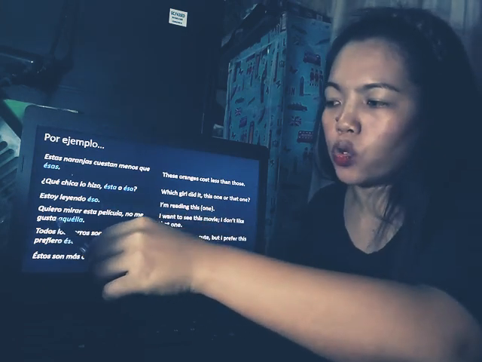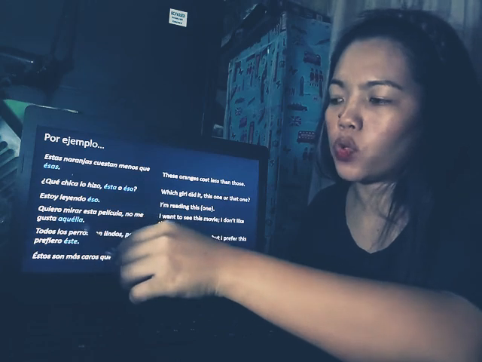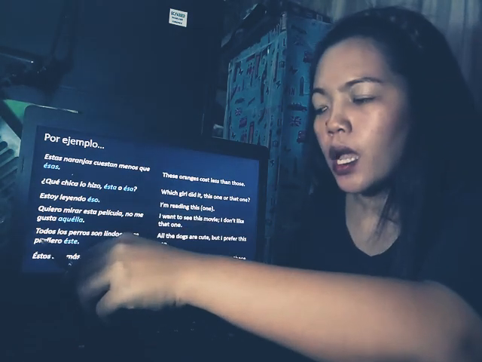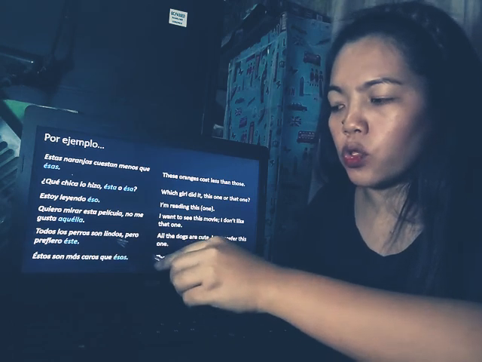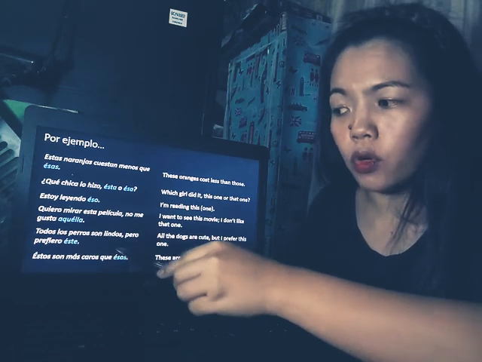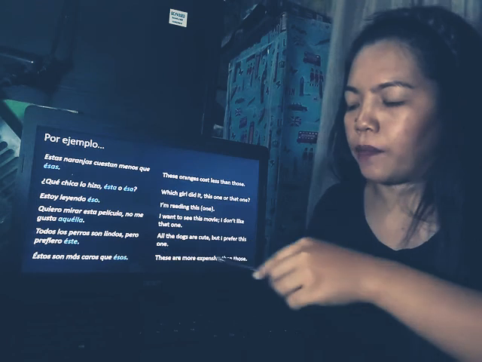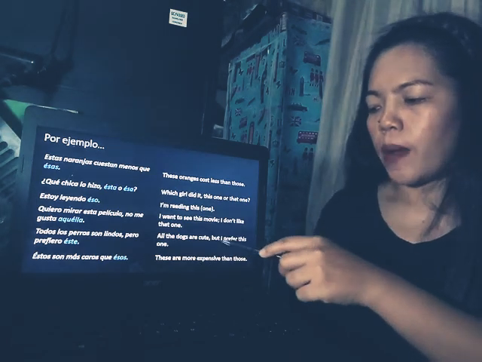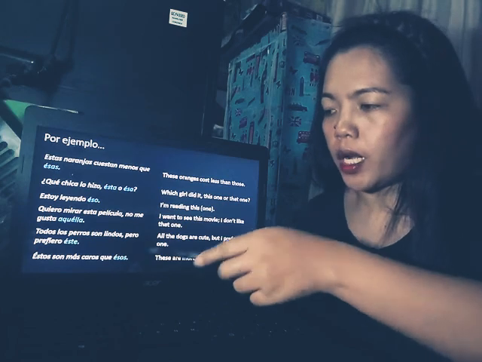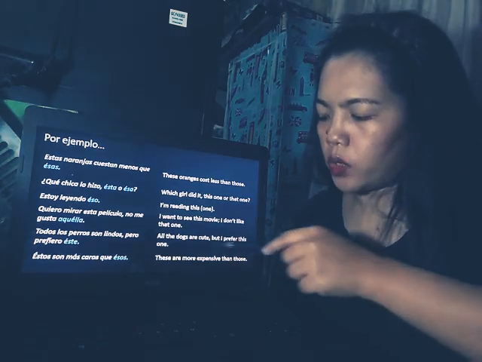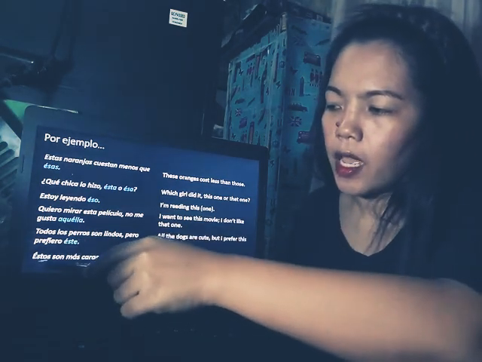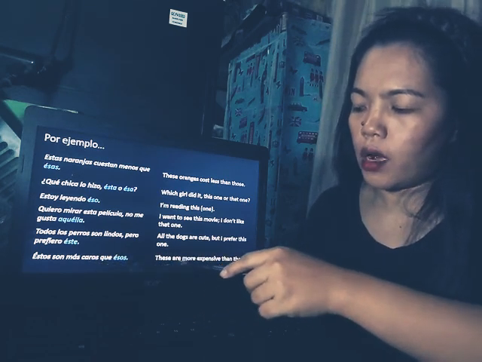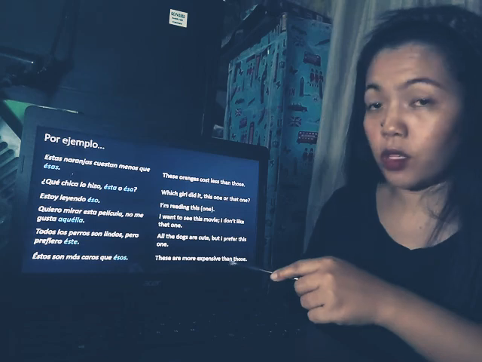Then aquella, a feminine form. Next one is, todos los perros son lindos, pero prefiero este. So all dogs are cute, but I prefer this one, este. Next, estos son más caros que esos. These are more expensive than those.